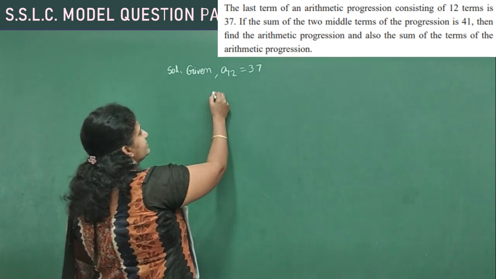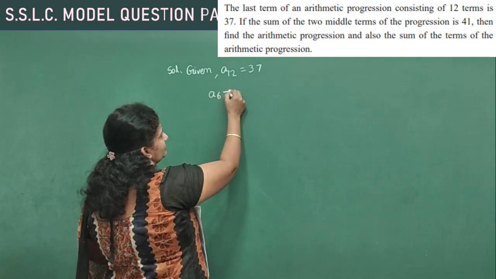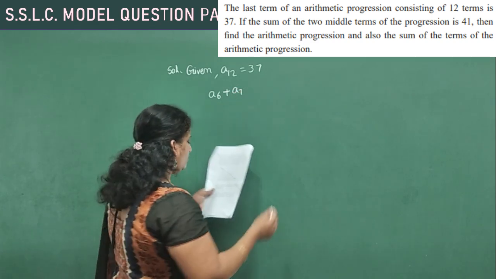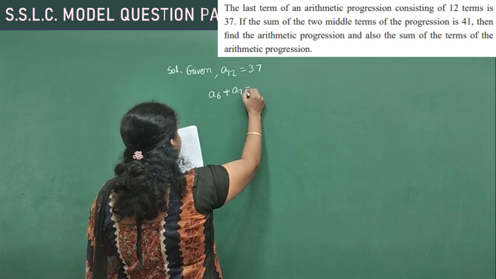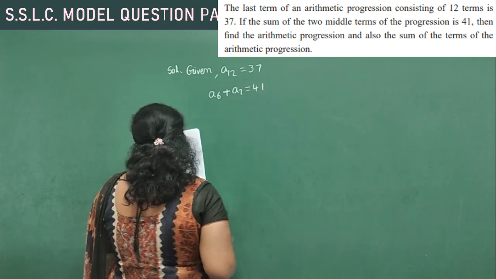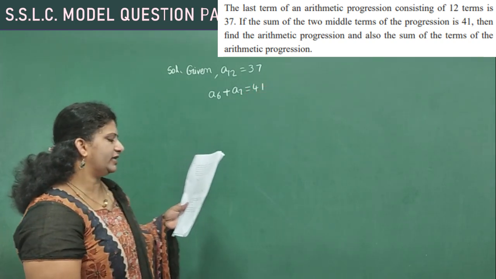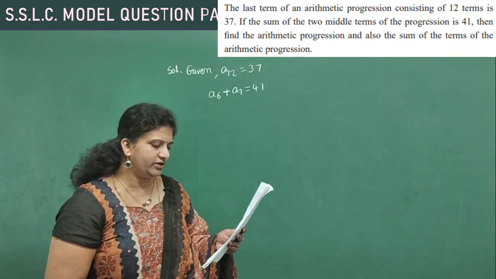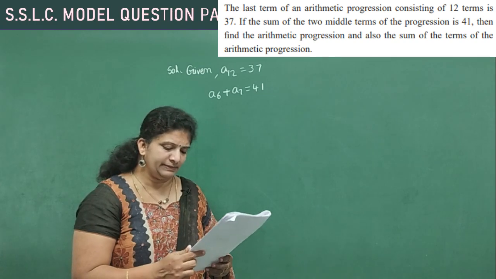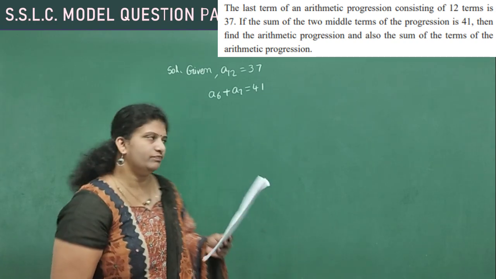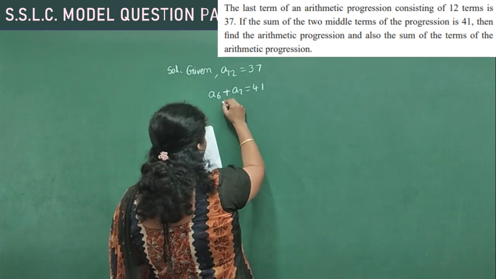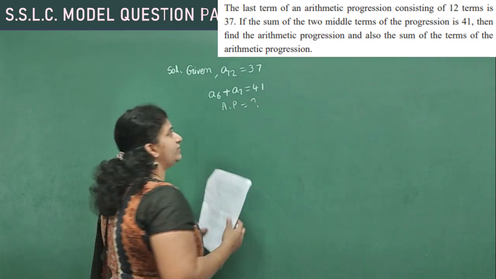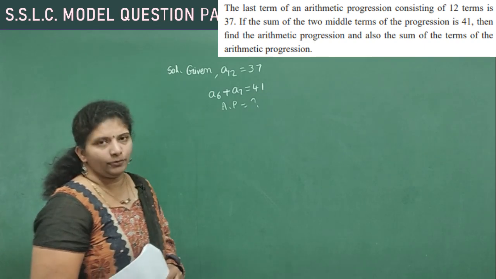That is, sum of two middle terms A6 plus A7 of the progression is 41. Then find the arithmetic progression and also the sum of the terms of the arithmetic progression. What did they ask here? Find the AP. Okay. Find the arithmetic progression and also the sum of the terms of the arithmetic progression.